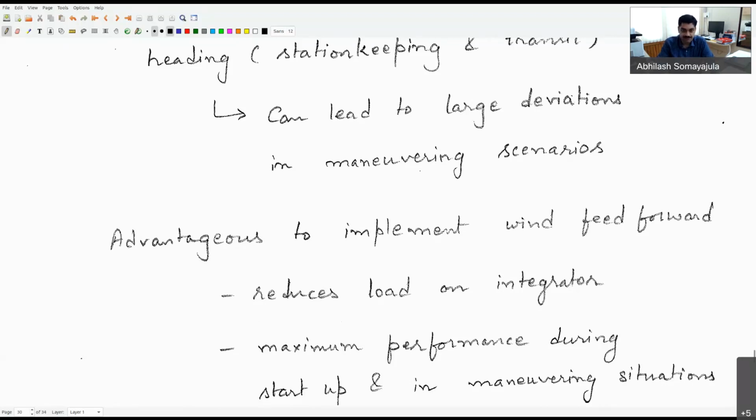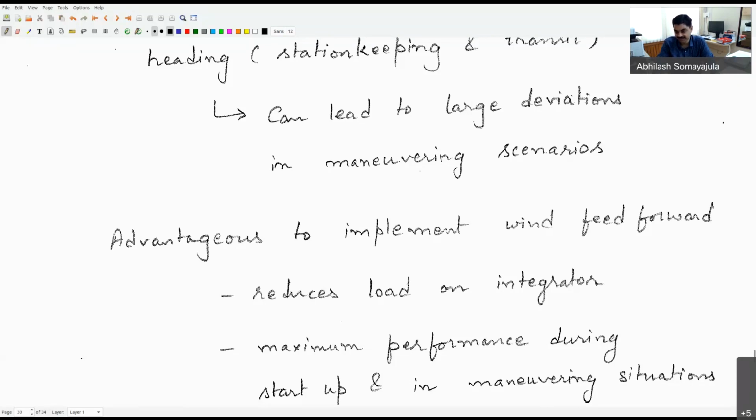Whereas the method does have a caveat: if you do not know your wind coefficients precisely, okay, let us say I don't know my wind coefficients really well, then that estimated value of wind force will not match the value of actual wind force.